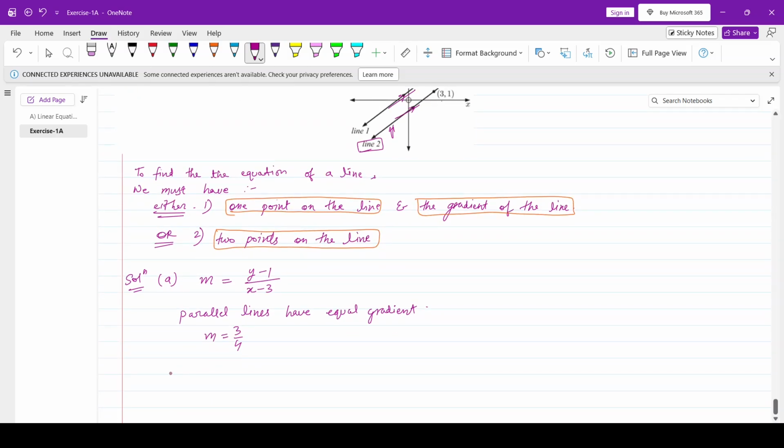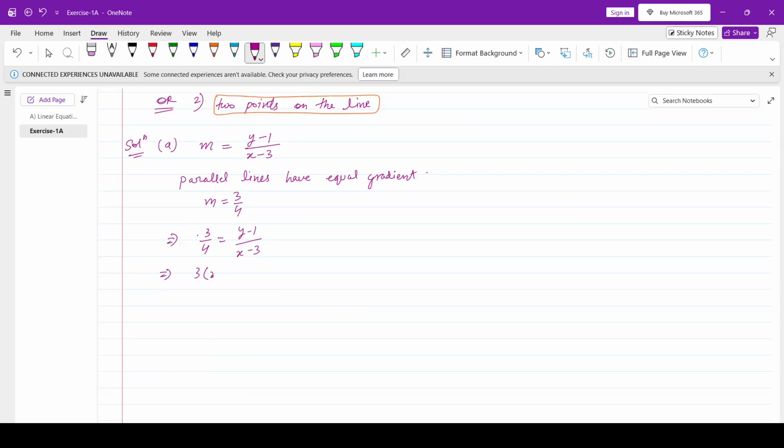Now by equating 3 by 4 with (y minus 1) divided by (x minus 3), we can find out the equation of the line by cross multiplying: 3 into (x minus 3) is equal to 4 into (y minus 1). 3x minus 9 is equal to 4y minus 4.